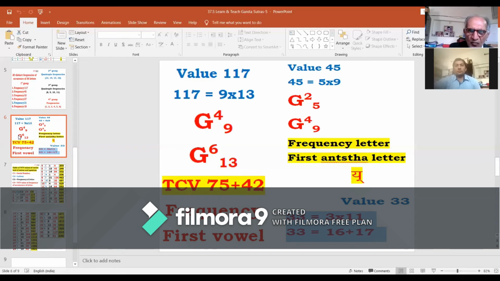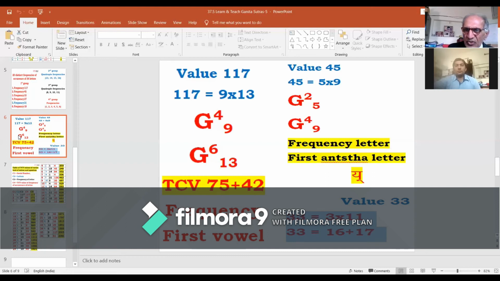When we will be having further insight about this organization format features, and when we will be face to face with the first letter and the first antastha letter, both being of TC value 1, one as a dimensional frame, another as an enveloping frame, then we will be having further blissful insight.